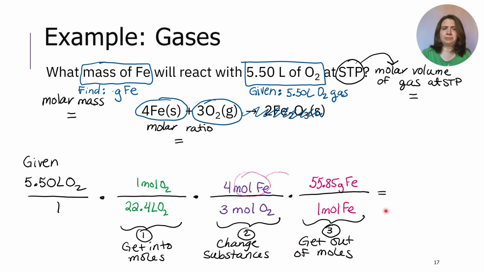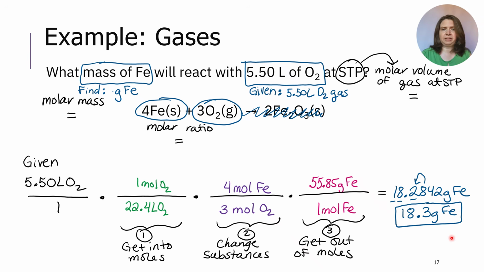After rounding to 3 significant figures, we find that our answer is 18.3 grams of iron. That is how much iron is required to react with 5.5 liters of oxygen gas at STP.